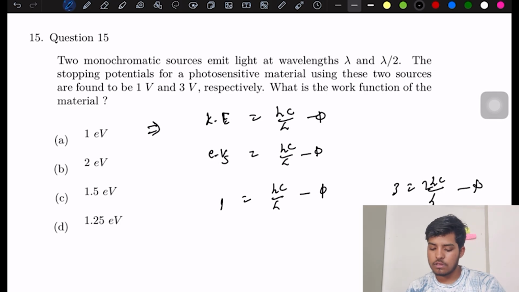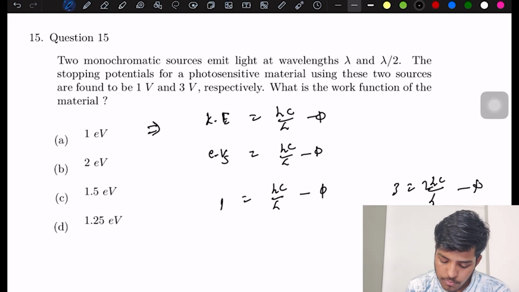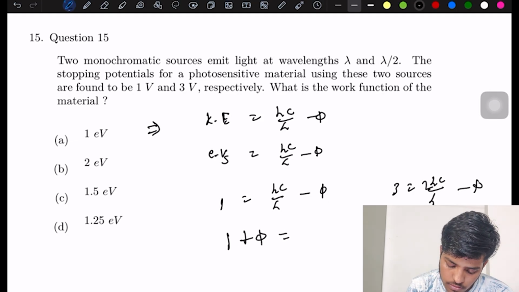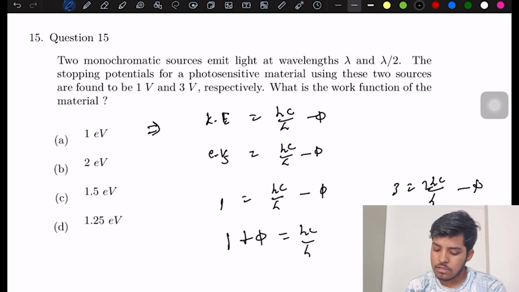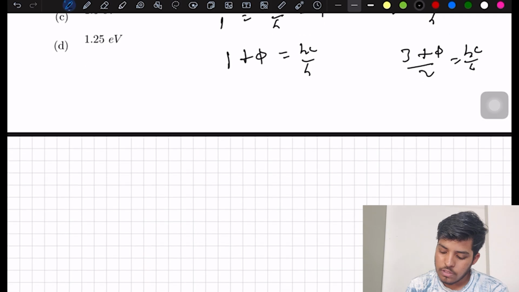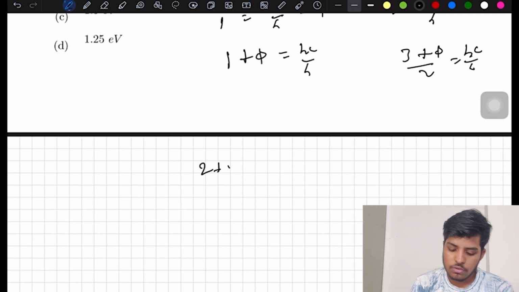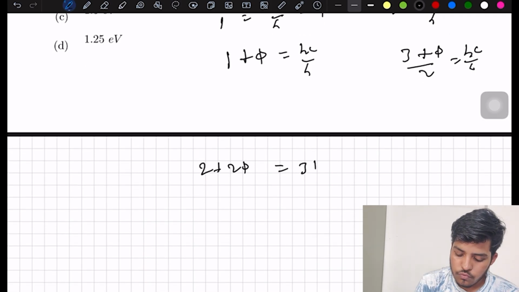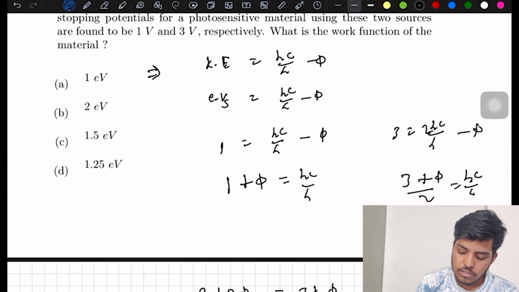Now equate the hc upon lambda. So hc upon lambda equals 1 plus phi, and here 3 plus phi upon 2 equals hc upon lambda. So equate these two: 2 plus 2 phi equals 3 plus phi. So phi equals 1 electron volt is the answer.